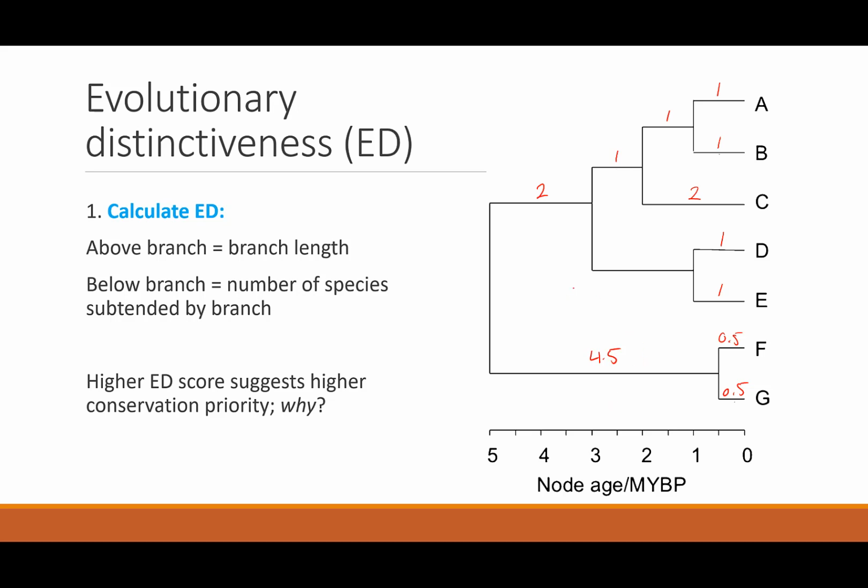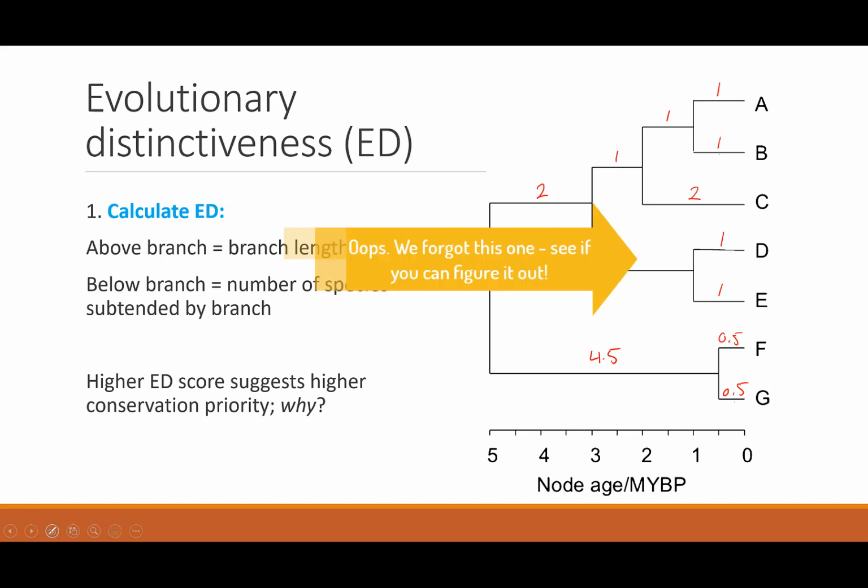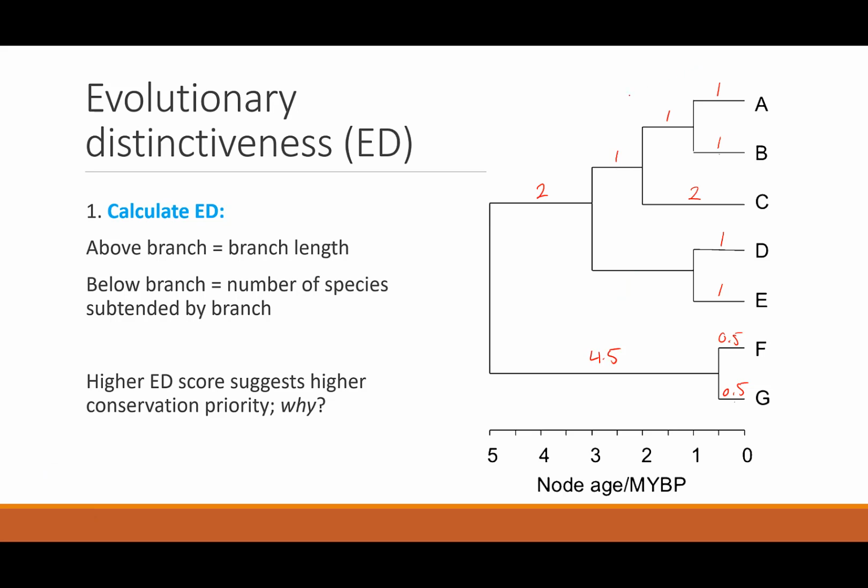So what we're going to do next is calculate the below branch scores, just so that you can understand how these work, and I'll do this in blue. So what we're going to calculate here is the number of taxa that are captured by that branch. Here, we're just looking at a branch leading to A, so our below branch score is a 1.